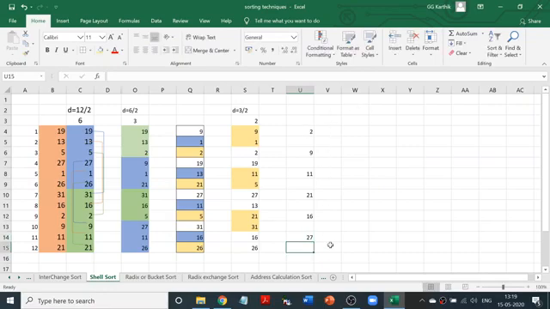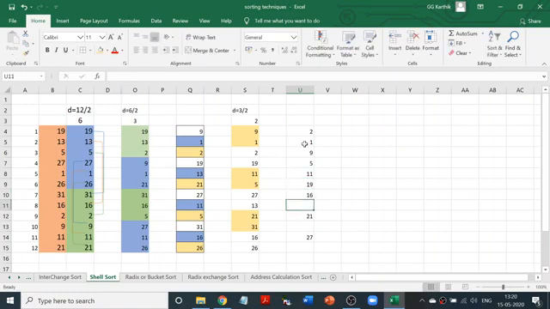Just check again, is it sorted? 2, 9, 11, 21, 16? No. So again, what will we do? 16 and 21. So what we have done is compared all the ones successfully. The next step is to compare all the twos. So how am I going to do it? I have 1 here, I have 19 here, and I have 5 here. 5 is obviously smaller, so I'm going to put 5 and then 19.